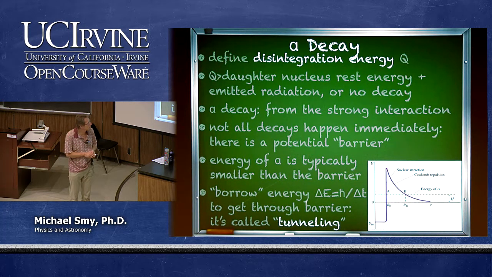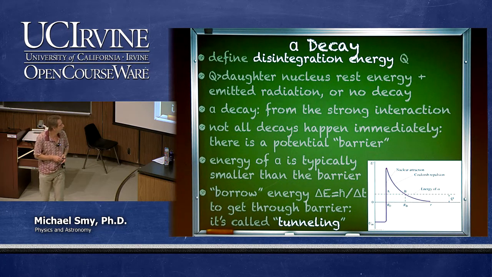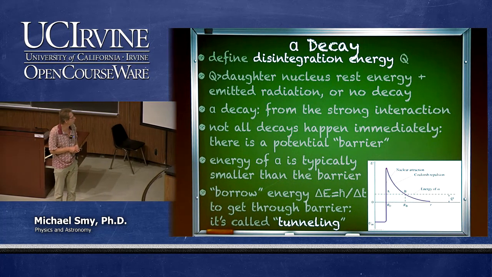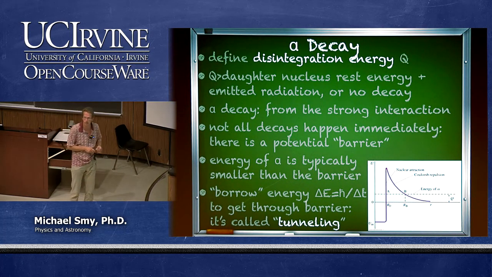And that means if your nucleus is sitting at this energy level, the Q value, then in principle it can't disintegrate. But because of quantum mechanics, it can disintegrate after all. And the way it does it is it borrows some energy, delta E, for a short period of time. And that's enough to get through that barrier.